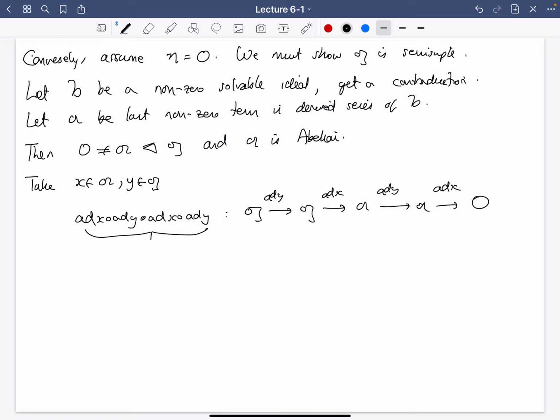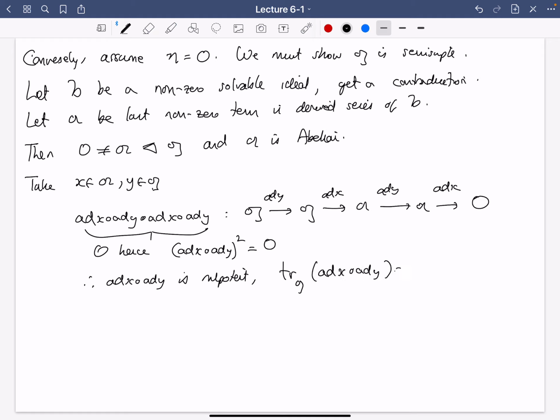So this is 0. This shows that (ad x ad y) squared is 0. So ad x composed with ad y is nilpotent. And if you're nilpotent, well, all your eigenvalues are 0. So the trace of ad x ad y is 0, i.e.